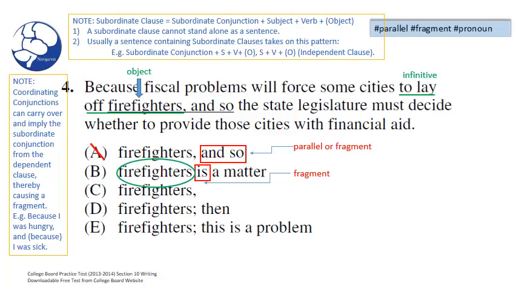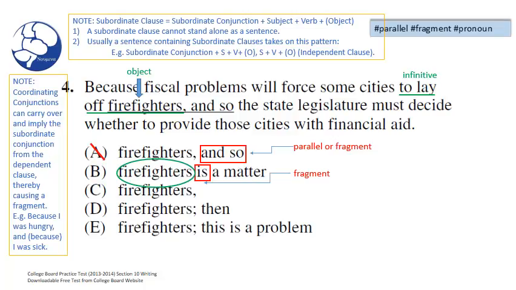And as we know, objects of our infinitive phrase cannot act as subjects for another independent clause. Also, to lay off firefighters is still part of the original dependent clause, beginning with because. So the firefighters part should be included as part of the dependent clause and therefore cannot be part of a new clause. And so B is definitely a fragment.